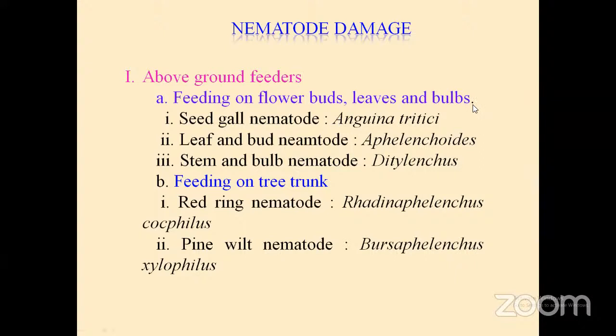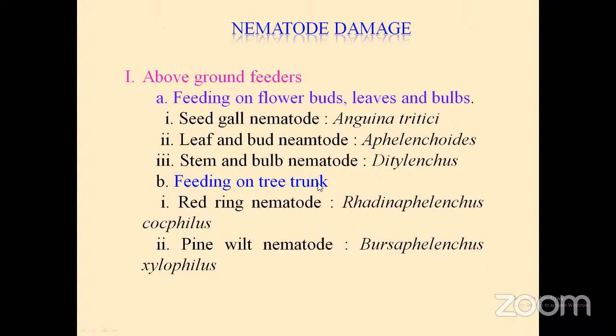Here you may have a doubt. Already, as I told you, nematodes will always live in the soil. How are they damaging the flower buds, leaves, or bulbs? They can crawl with a small film of water from bottom to top. So with this, they cause damage above the ground level, that is seeds, flower buds, stems, and all these things.